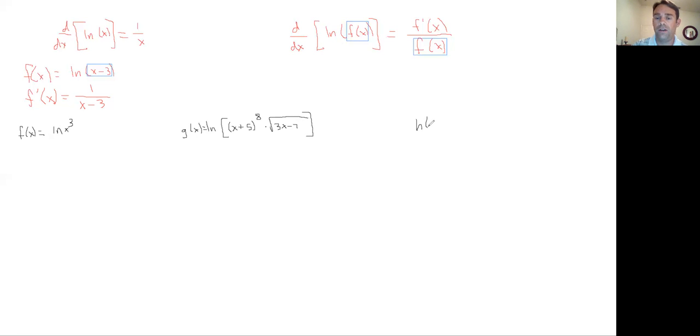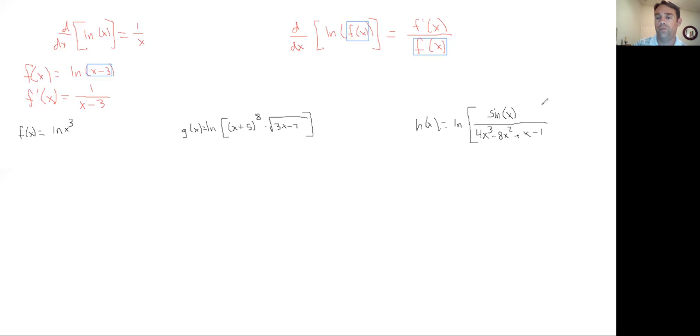And h of x equals the natural log of, we don't want to leave the trig out, let's put a sine up here, sine of x all over, let's really make this fun, 4x cubed minus 8x squared plus x minus 1.